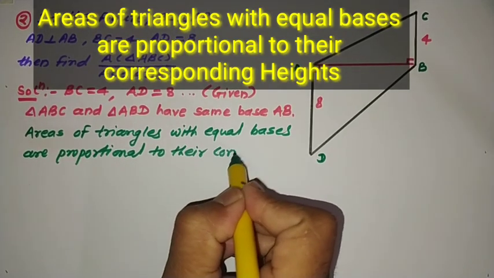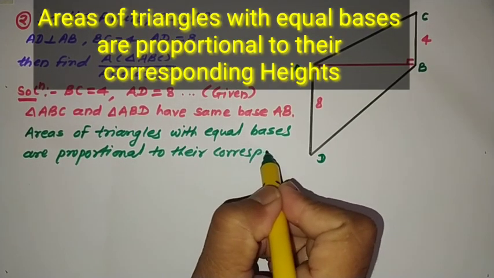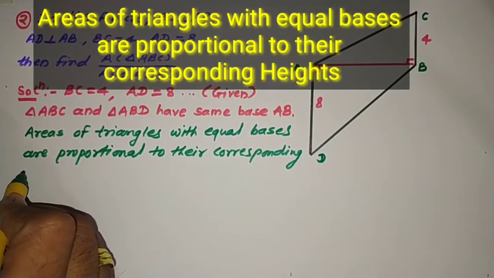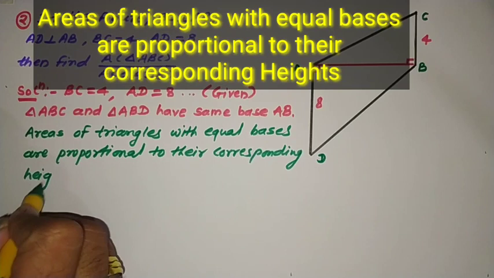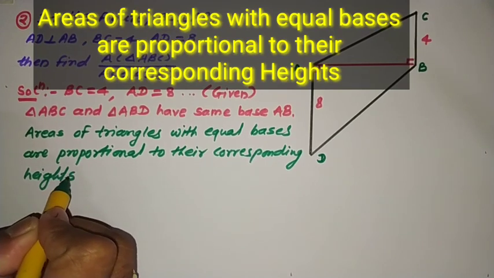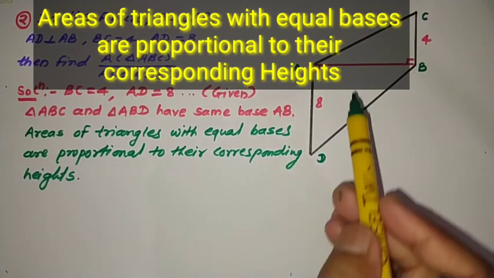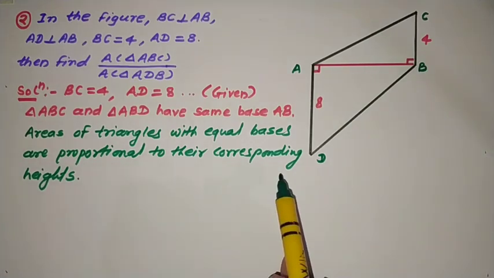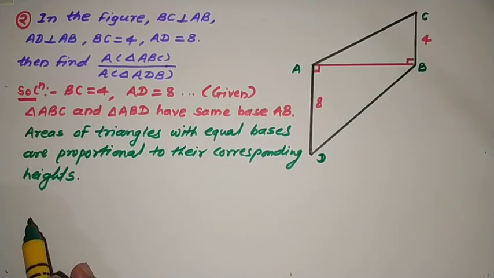Areas of triangles with equal bases, here the equal base is AB, are proportional to their corresponding heights.